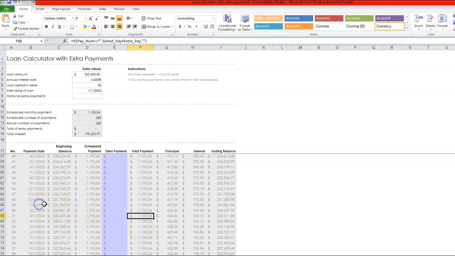So at this point, 4 years in, your original loan amount was $250,000. You've only paid off $20,000. You're going to be reset in your amortization schedule all the way to the top. So your overall loan amount is going to decrease to $230,000, but you're going to be paying the most amount of interest.